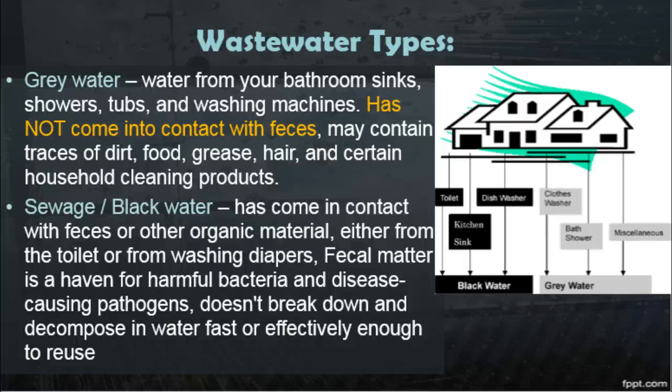It has come into contact with that fecal matter, and that either came from a toilet or from a diaper. And the feces itself harbors a lot of harmful bacteria and different pathogens, and it also doesn't break down or decompose in water very easily.